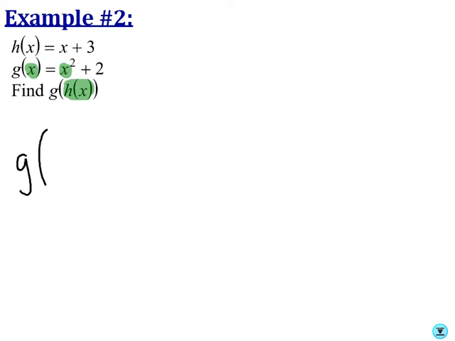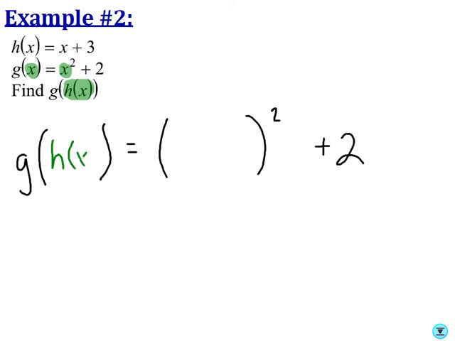g of, I'll leave some space. And that g function looks like x squared plus 2. Now we can come back in and fill that in. So h of x, again just notation, we're telling people what we're doing, but on the right side, we're actually going to plug it in with x plus 3, because we're going to take that whole h function and plug that in.